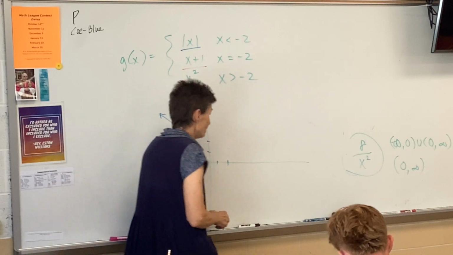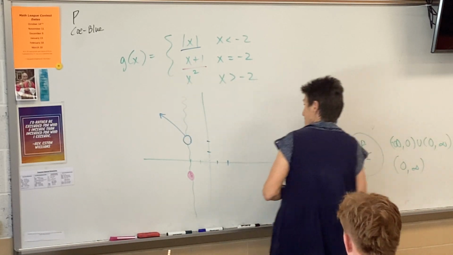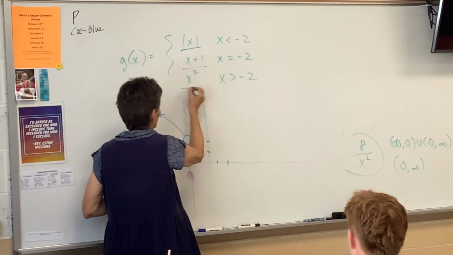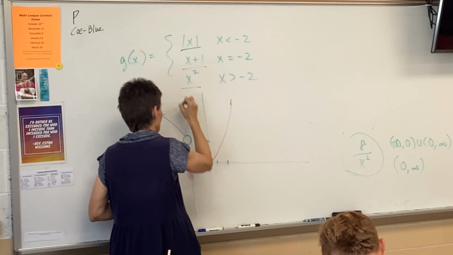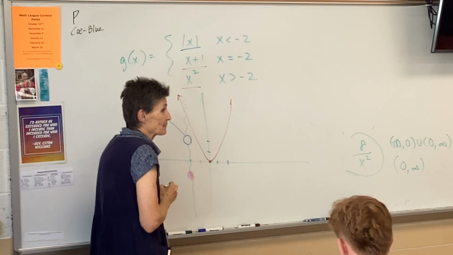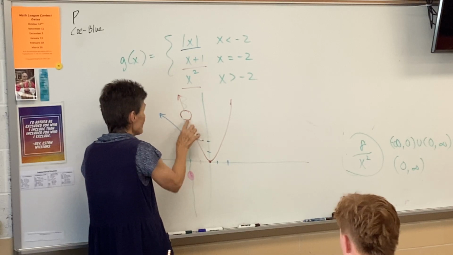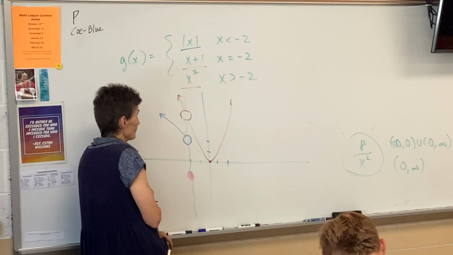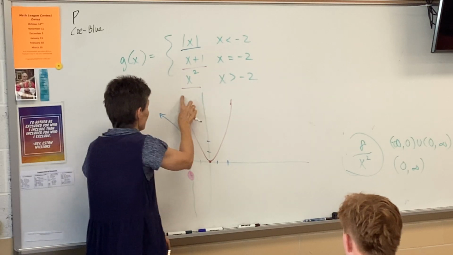And then, we got a trusty parabola at the origin. Everything to the right. It's broken right here, open dot. We're keeping all that, so we're gonna get rid of this little arrow right here.